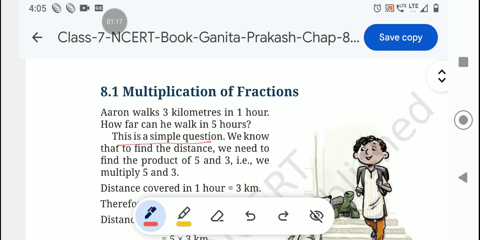We know that to find the distance we need to find the product of 5 and 3, that is, we multiply 5 and 3. Product means multiplication.